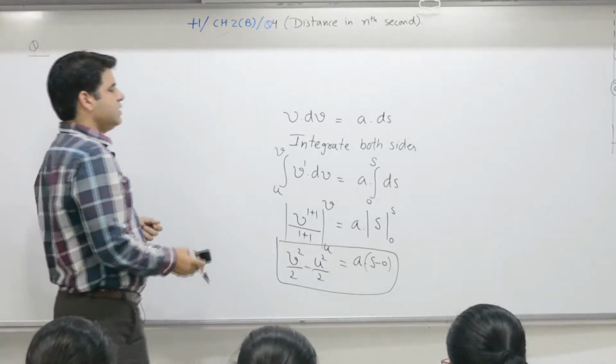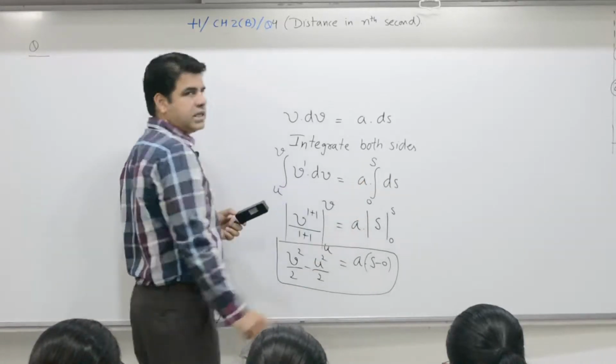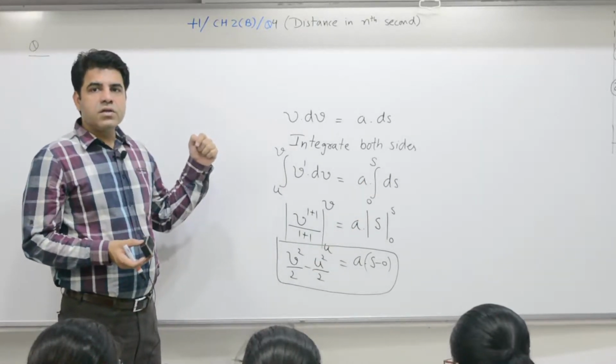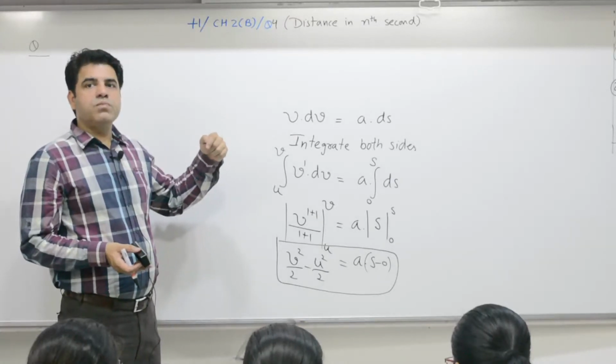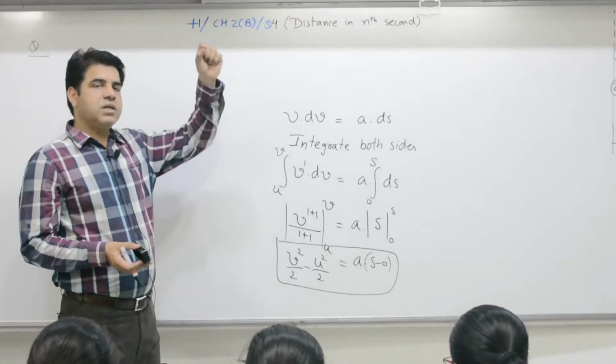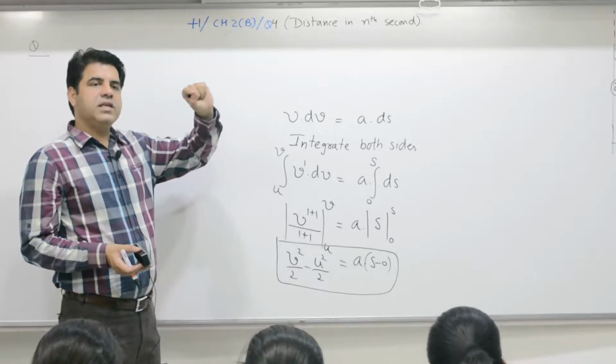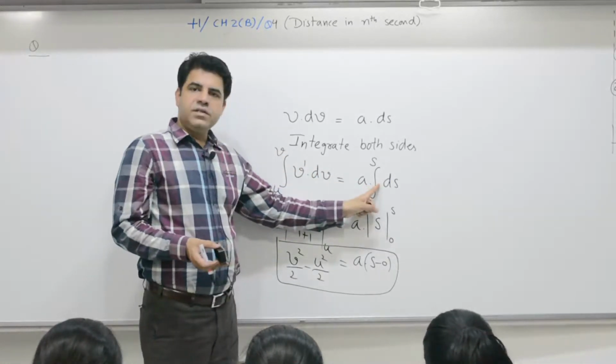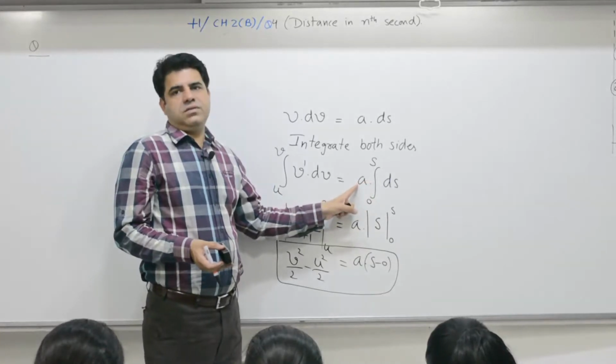A is a constant. Acceleration value, all these equations are for uniformly accelerated motion. A, for example, freely falling object, A is equal to 9.8. So, A is a constant, you can take the constant out.